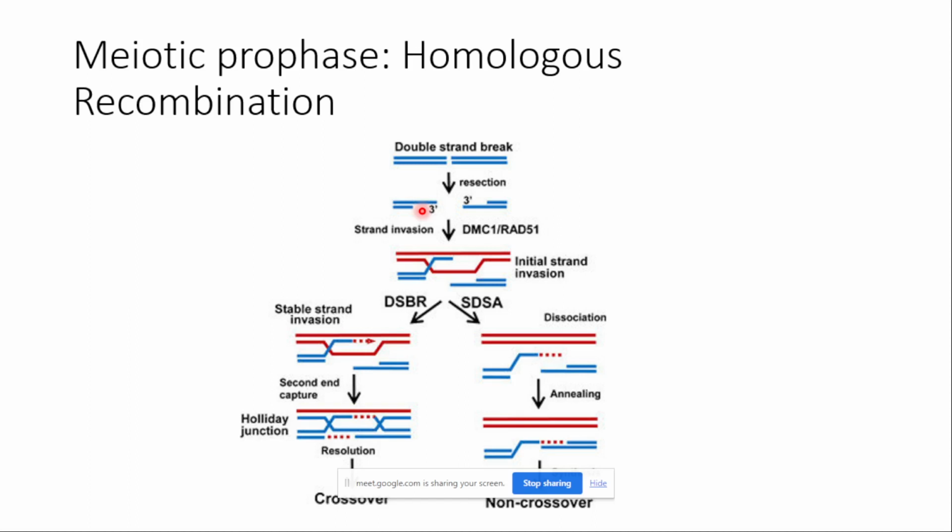So the first step is the same, double strand break repair, and there is resection or exonuclease activity at the 3' end. That's why it has been trimmed. After the trimming, strand invasion takes place.